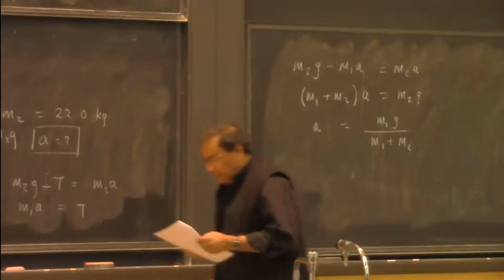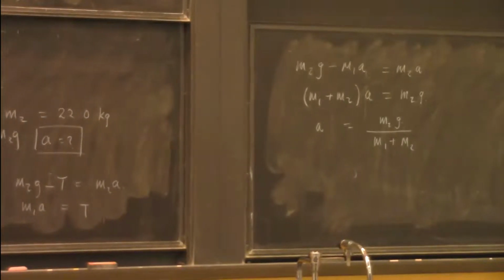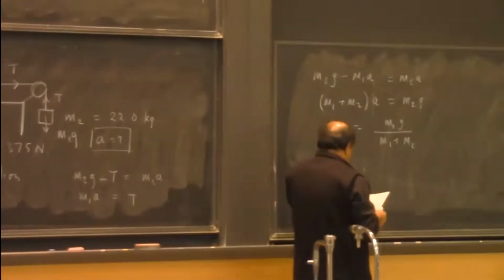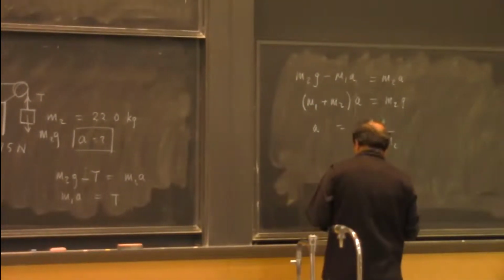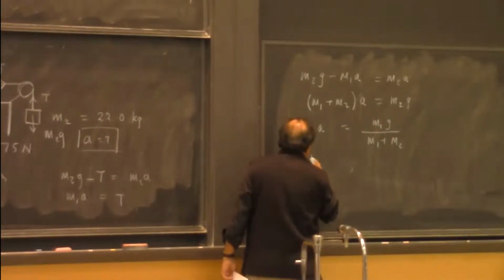And you can stick in numbers and calculate that. That's a very straightforward problem if there is no friction. Suppose there is friction, then what happens? Suppose there is friction.